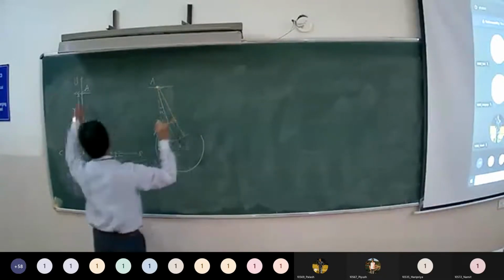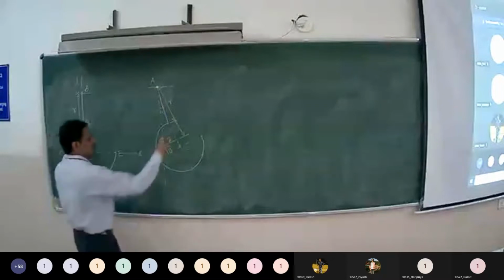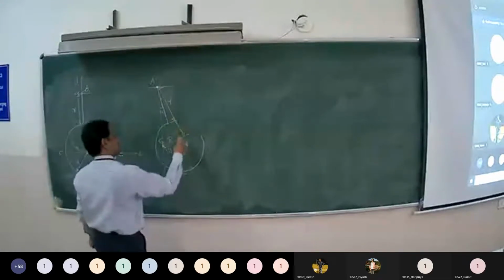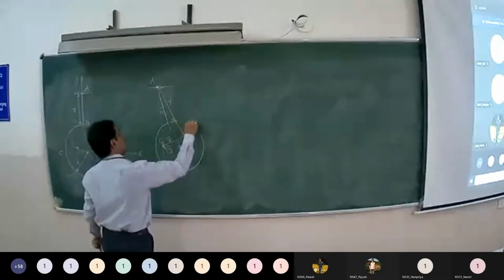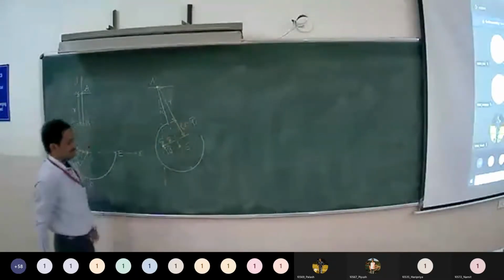The length of AB is given as R, and the radius of this circle is also given as R, right? This total is R minus y bar, that is this distance.